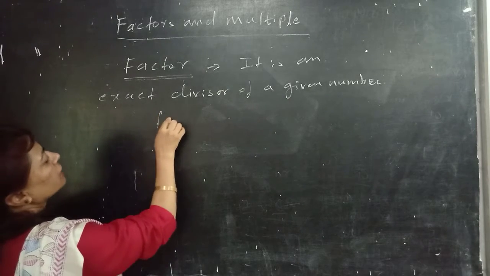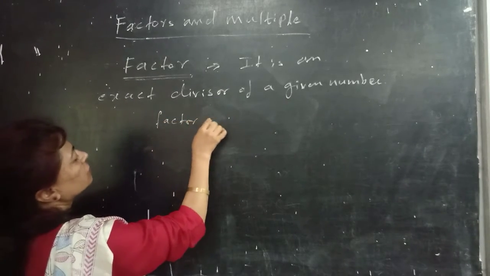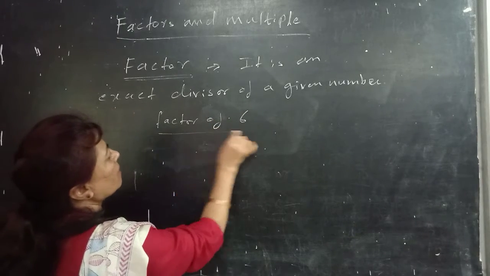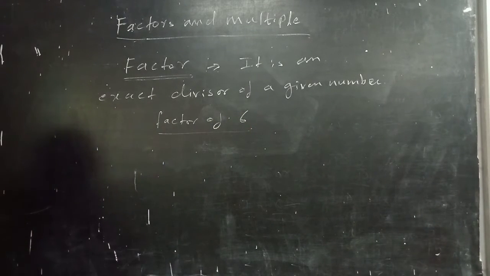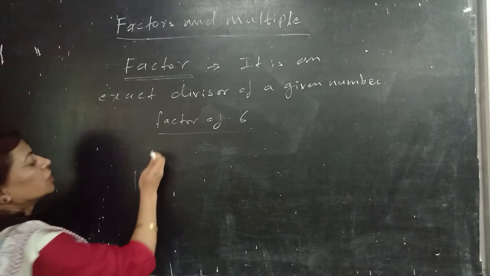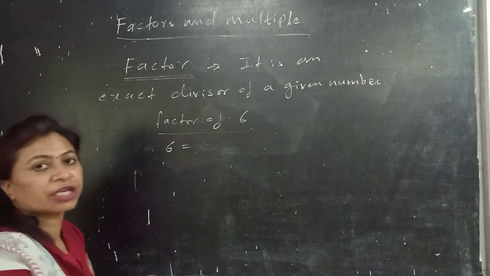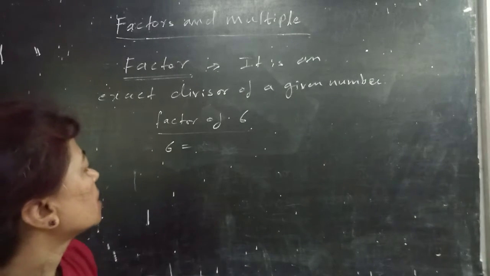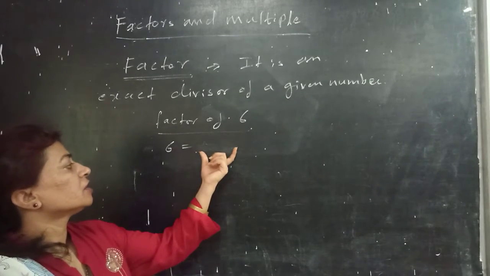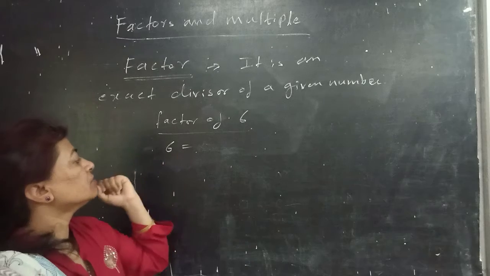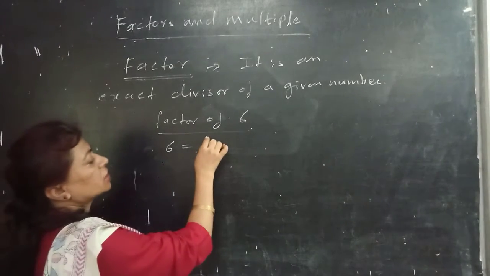Suppose we have to find the factor of 6. So for finding the factor of 6, we have to check those numbers after multiplying which we get the number 6. So we are going to start with the table of 1.